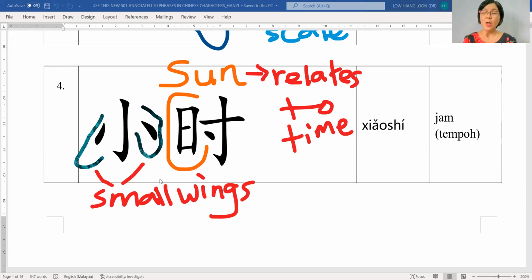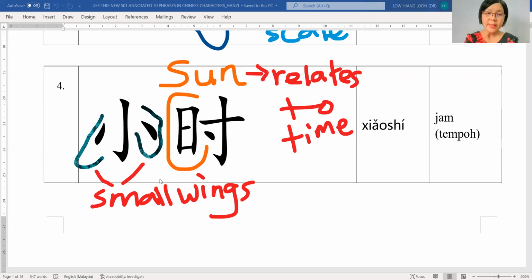So actually, when we say sun radical, the message is that the characters that consist of the sun radical are related to the sun. But actually, they are all related to time when there is the sun radical.